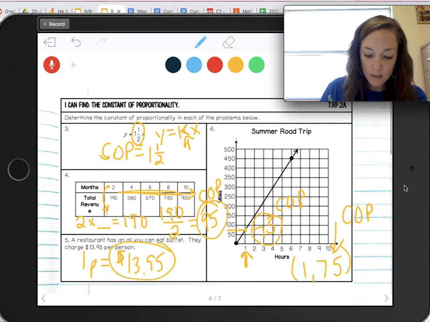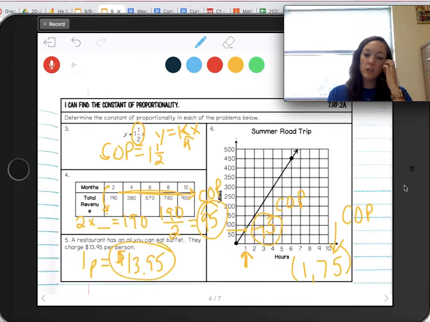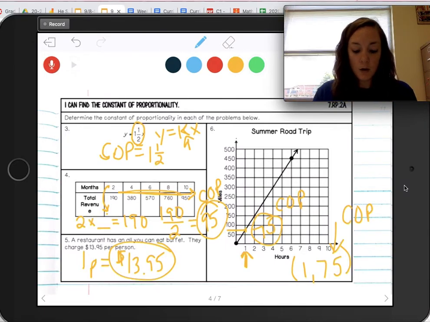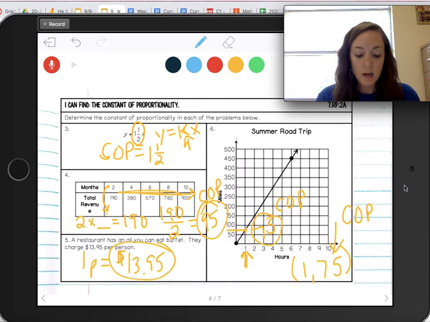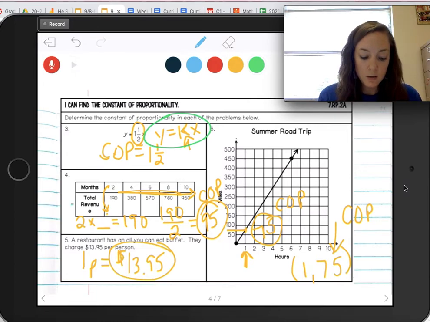Now, let's go back and let's write an equation for each of these. So for number 4, we said our COP is 95. If I were going to write an equation for that, I need to write it in the format y equals kx. So I'm going to write the total revenue, so I'm going to write T for total, is equal to 95 times the months.